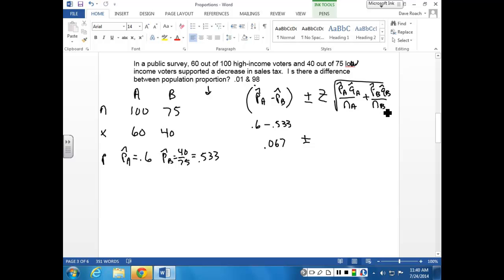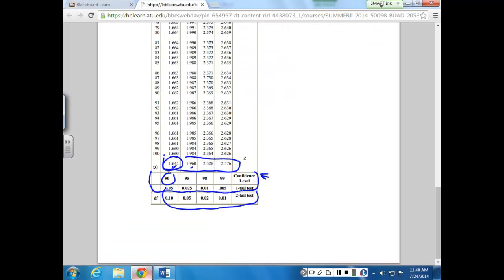So plus or minus, for 98%, that's 2.326. 98% is right here. There's your 2.326, just using the bottom of the t-table. 98%, 2.326.